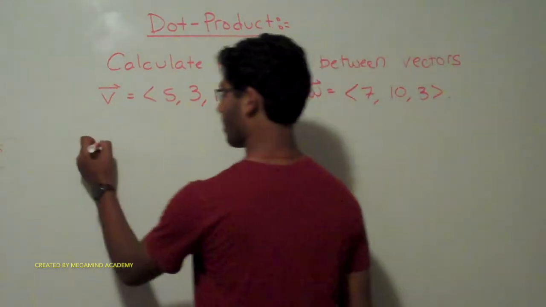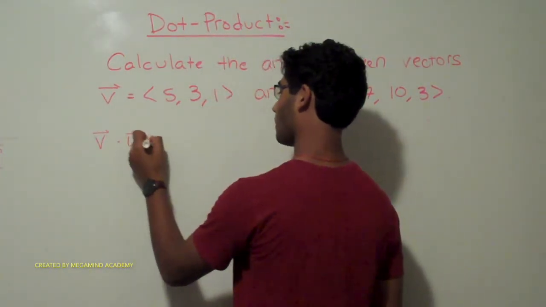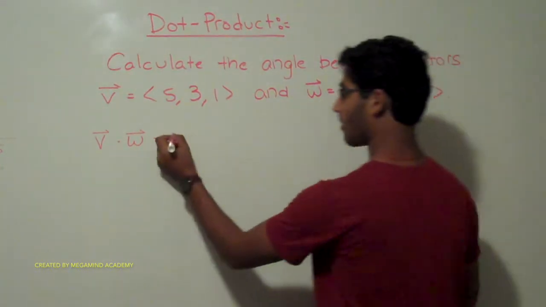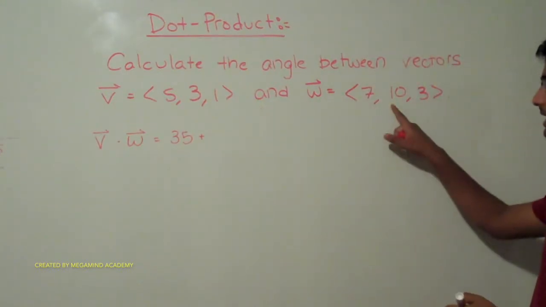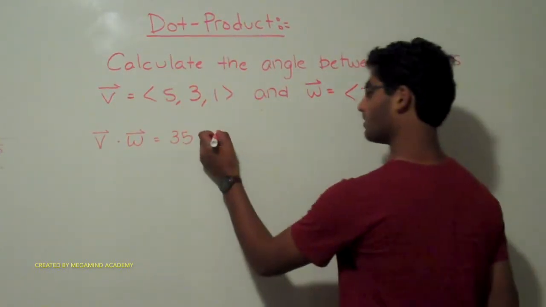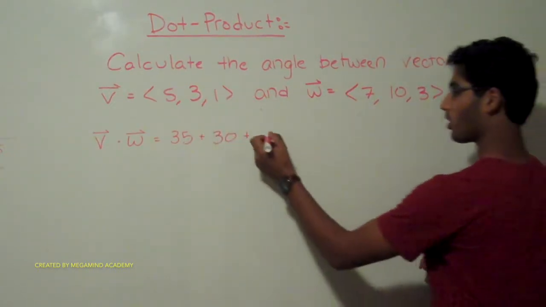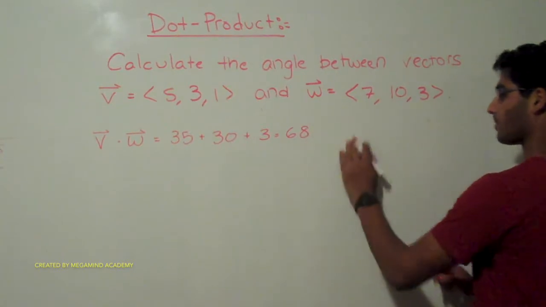Vector v dot vector w is equal to 5 times 7, or 35, plus 3 times 10, or 30, plus 1 times 3, or 3, which is equal to 68.